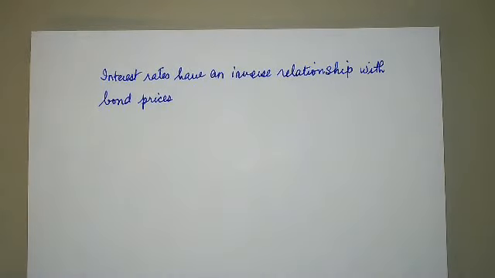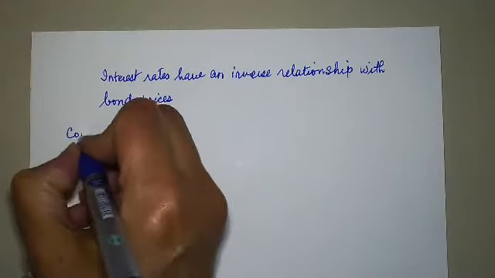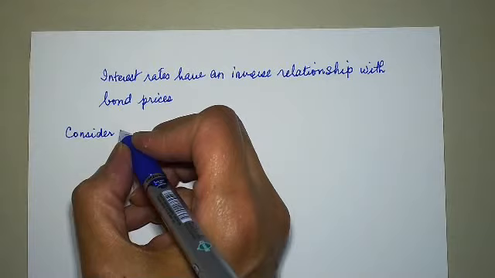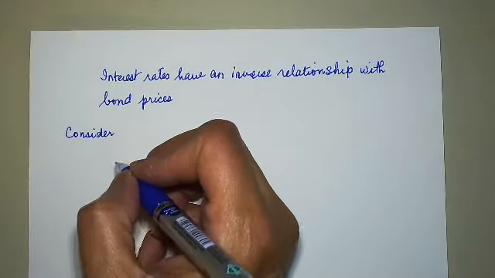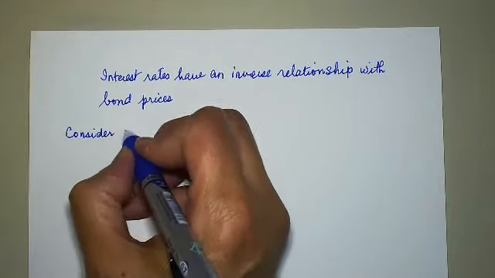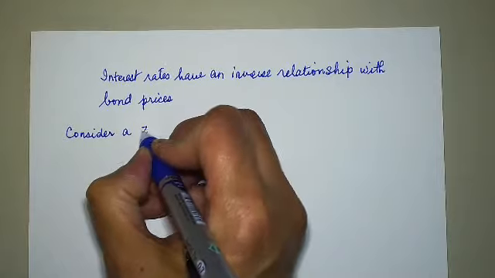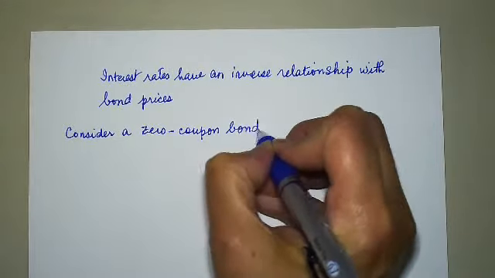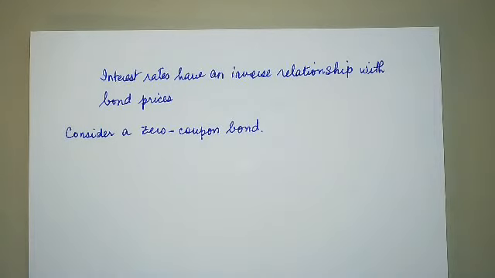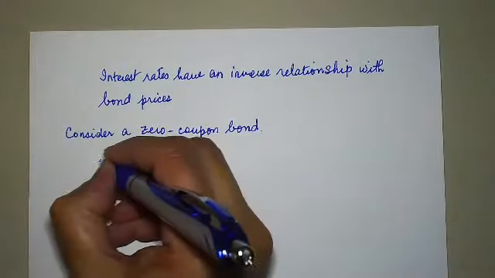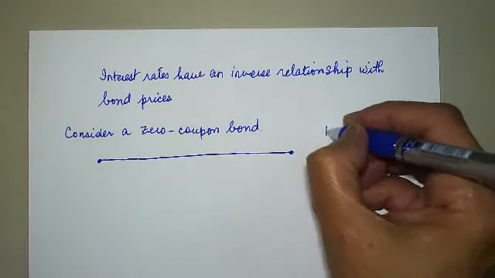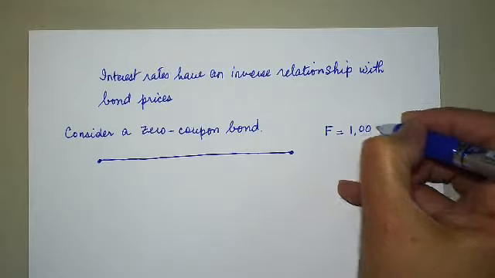To show this, let us consider the simplest kind of bond that we can come up with, which is a zero coupon bond, meaning there are no coupons, just a redemption at the end. So, let's say that the face amount of this bond is $1,000.